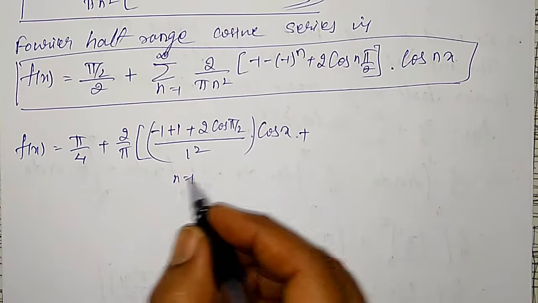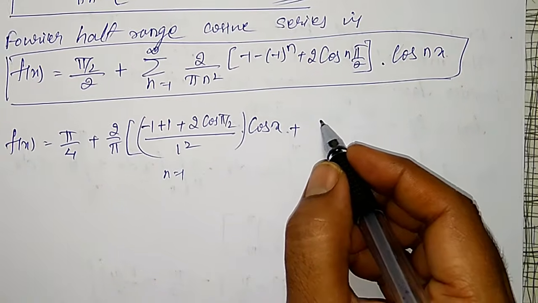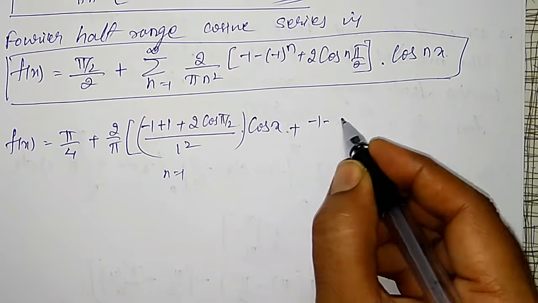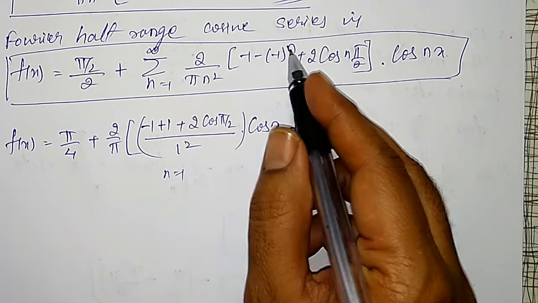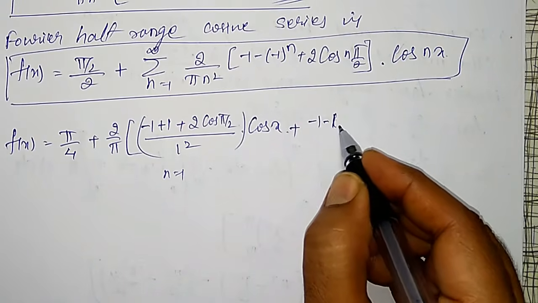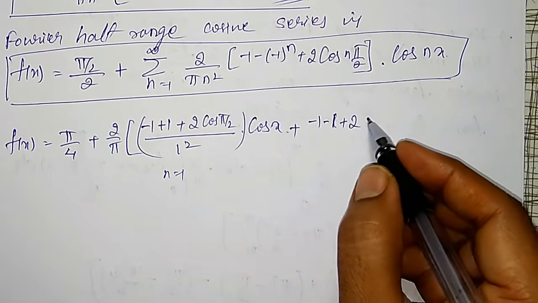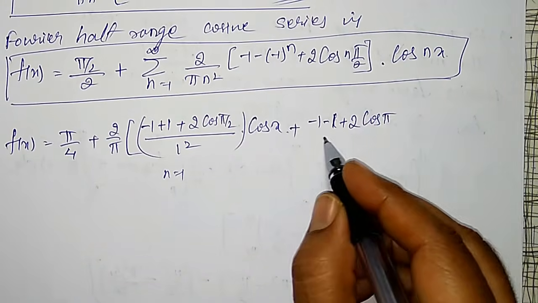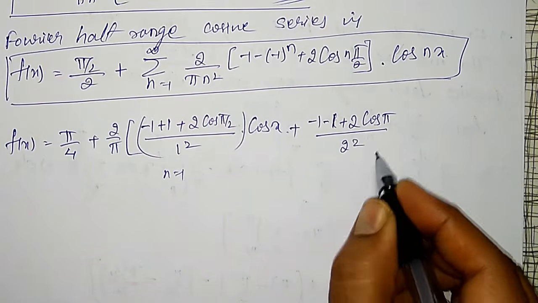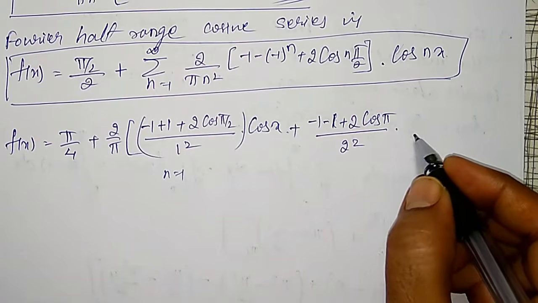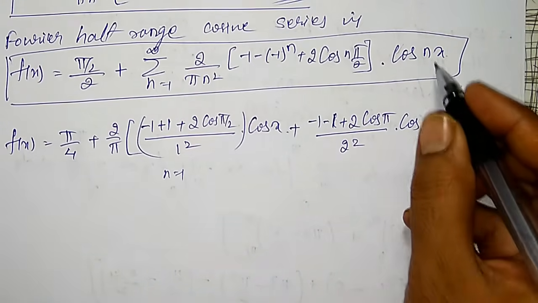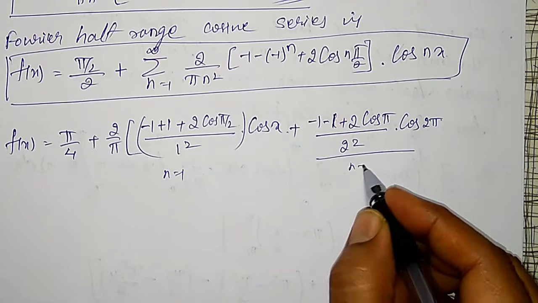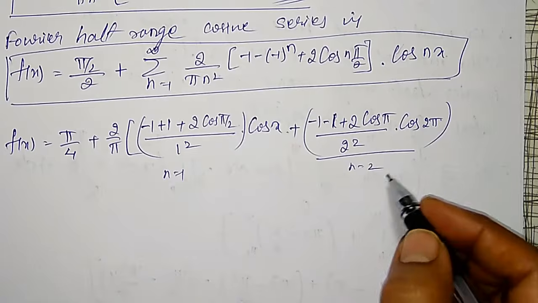Next for n equal to 2, minus 1 minus of minus 1 raised to 2 will become plus 1. Therefore it is minus 1 plus 2 times cos of pi, divided by 2 square, into cos of 2x. This term is for n equal to 2.